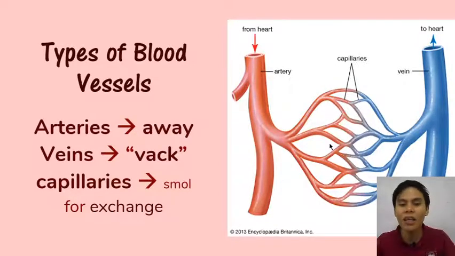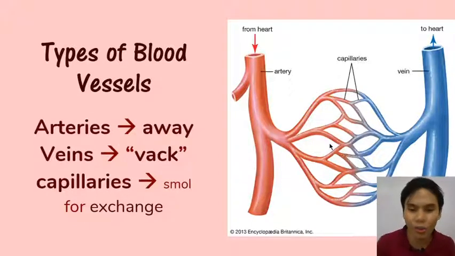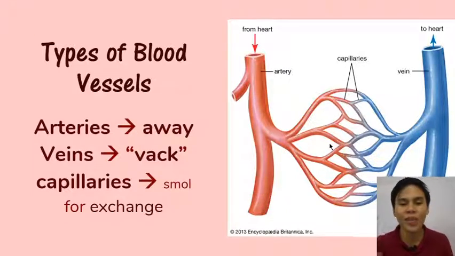They're very tiny because they are made for exchange of nutrients and gases. Again, your circulatory system wants to transport nutrients and gases to different organ systems. So it needs very small capillaries because these small capillaries have a lot of surface area.